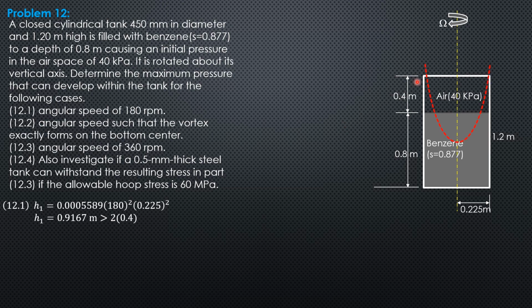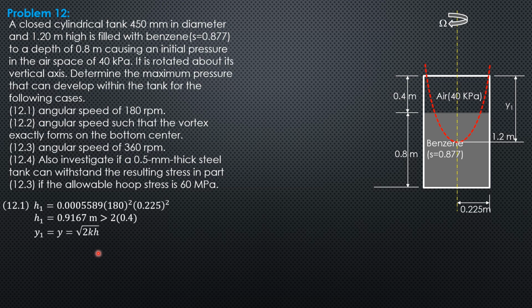Therefore, we need to compute the depth to the bottom center, because the maximum pressure occurs anywhere on the intersection between the periphery of the bottom and the walls. We have a formula for this from my lecture on rotated vessels: Y1, or Y in general, equals square root of 2kh.